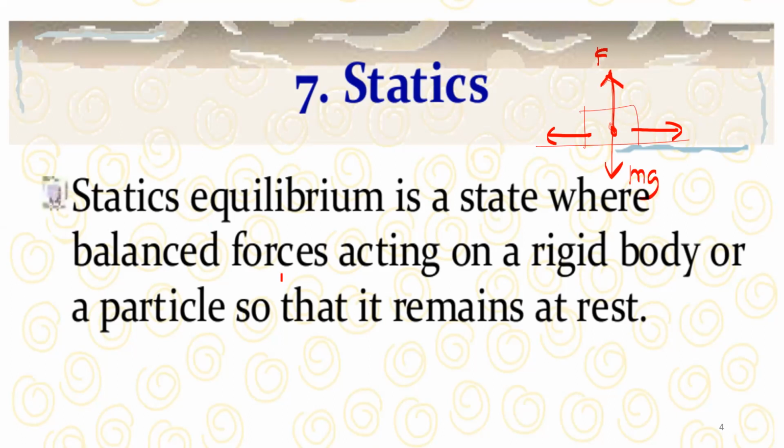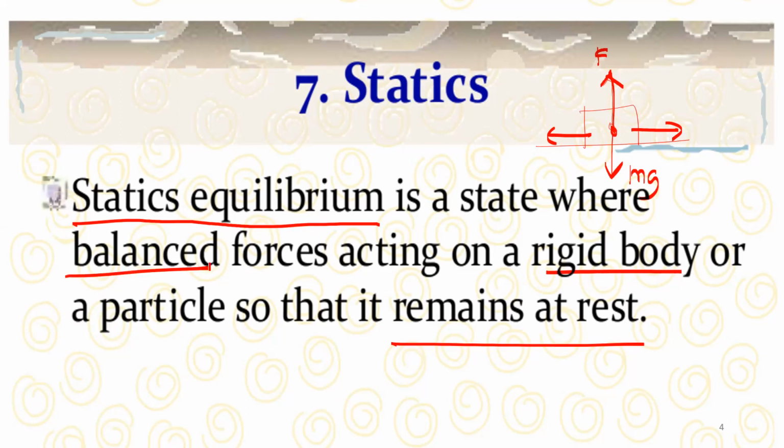That's why we say balanced forces act on a rigid body or a particle so that it remains at rest. That is the static equilibrium, where the forces balance each other.